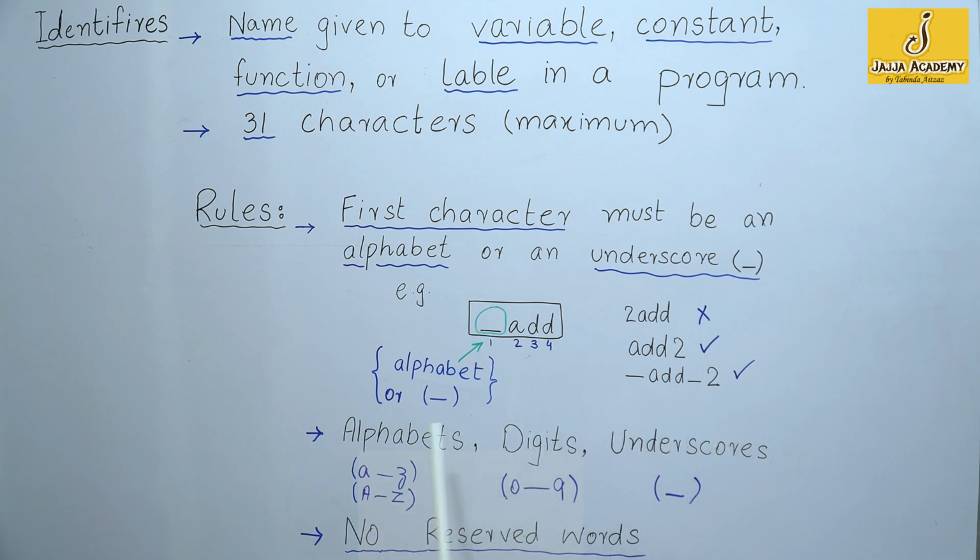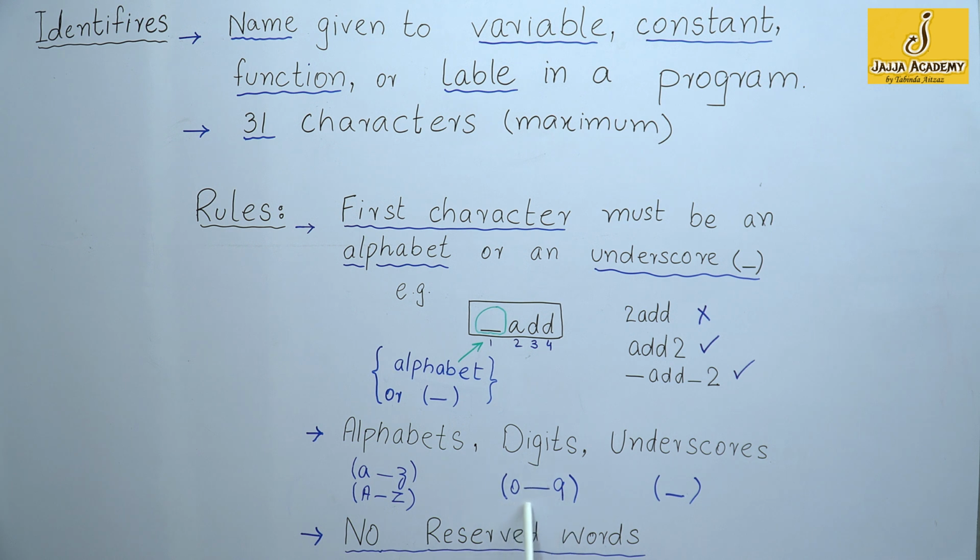Second rule is identifier's name must consist of alphabets. Alphabets means, I told you, small abc or capital ABC. So identifier's name must be a combination of alphabet characters and digits. Digits means 0 to 9.